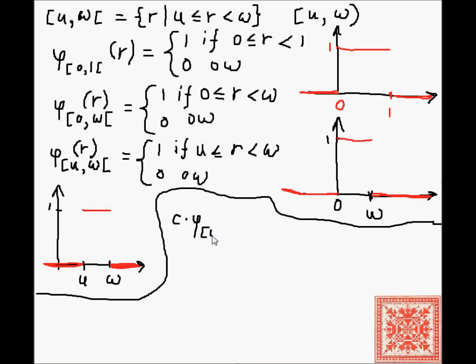Let's say c times phi from u included to w excluded of r is equal to c if r is greater than or equal to u and less than w, and 0 everywhere else.